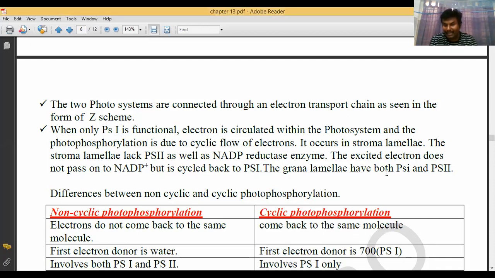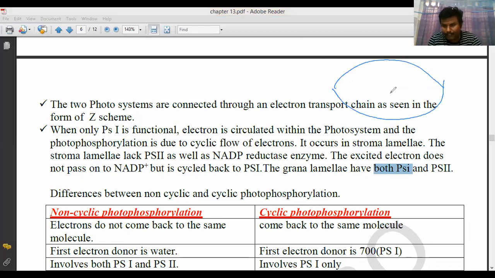The grana lamella have both PS1 and PS2. Grana lamella means what? See here, this is the chloroplast, and this is called the grana. In this grana, PS1 and PS2 are present. Why are PS1 and PS2 formed here? Chlorophyll a is responsible for the formation of PS1 and PS2.